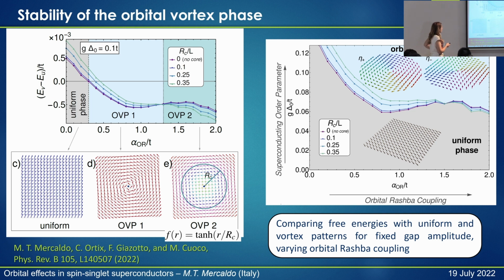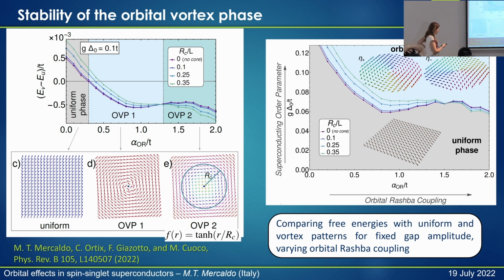This is a reference for the amplitude of the superconducting gap. Of course, you need to have that delta A is different from delta C. And so you have a threshold value for which you have a transition from uniform to vortex phase.